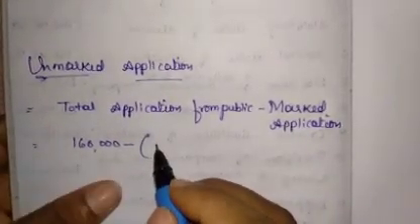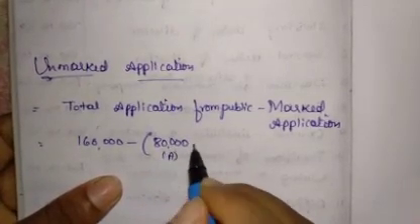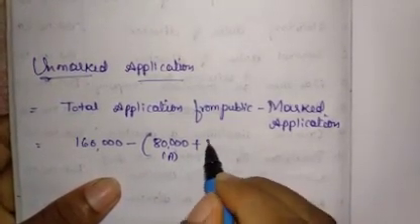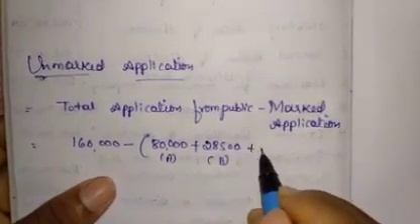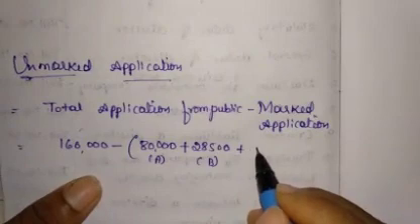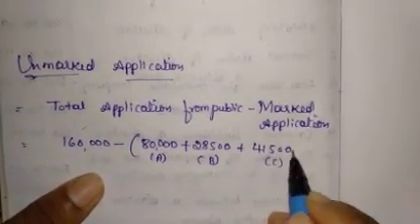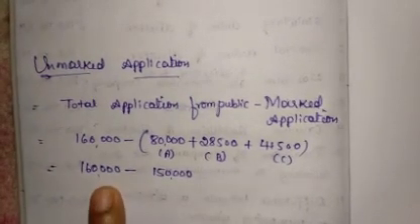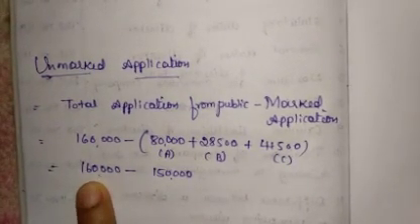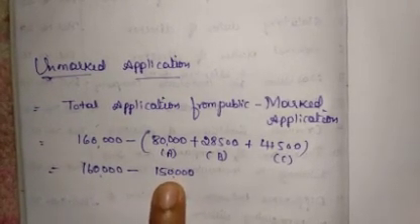From A 80,000 shares were received, from B 28,500 marked applications, and from C marked applications were 41,500. So total marked application is 1,50,000, and the total application is 1,60,000.